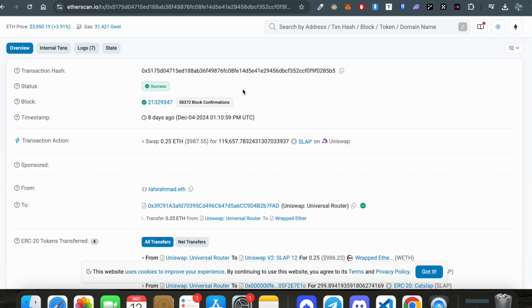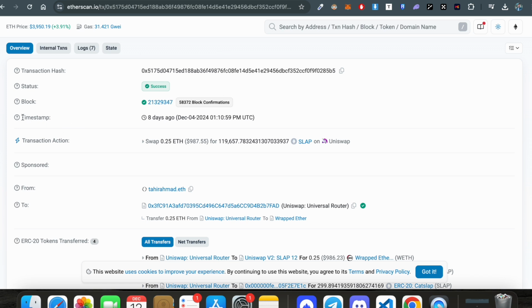Like these blocks are minted into the blockchain, and every block has a reward. When these blocks are minted, then they are added to the blockchain, and these blocks have some reward.